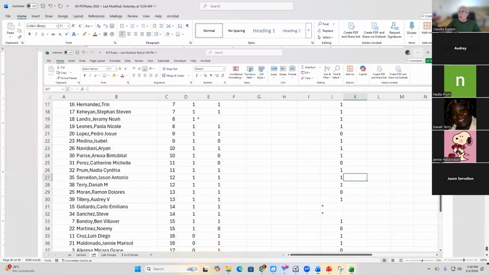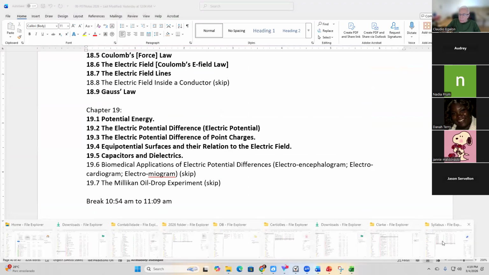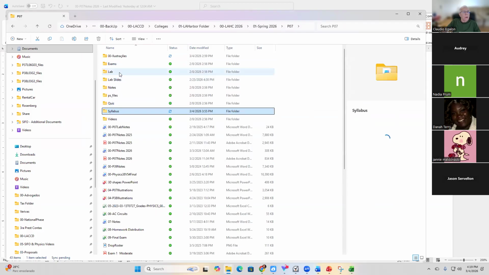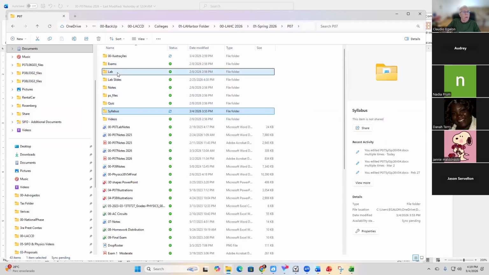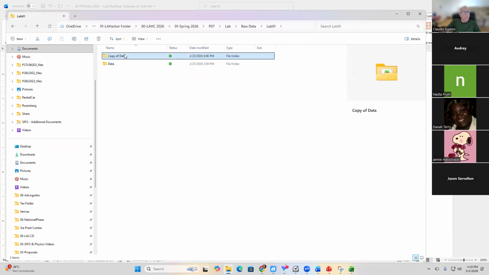Good. So let's take a look at the spreadsheet. Lab, here, raw data, lab 1, copy of data.